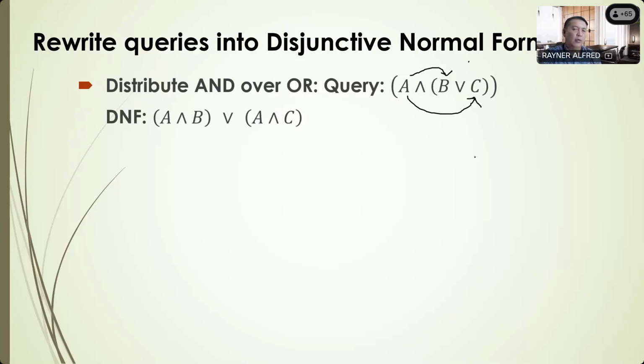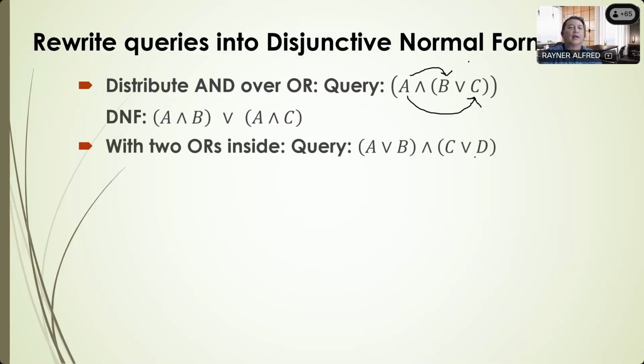You can stop me if you don't understand or you are stuck here. For this one, we have two ORs inside. So how do we differentiate? For the disjunctive normal form, you will combine them using the OR operator. So for this one, we just combine this.